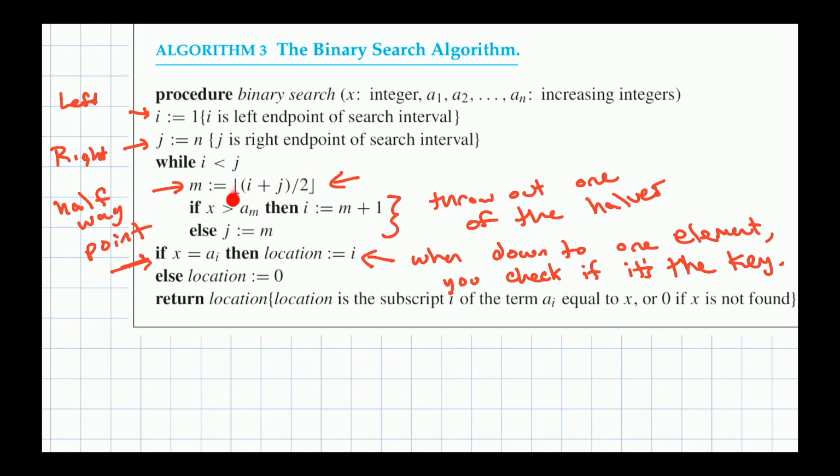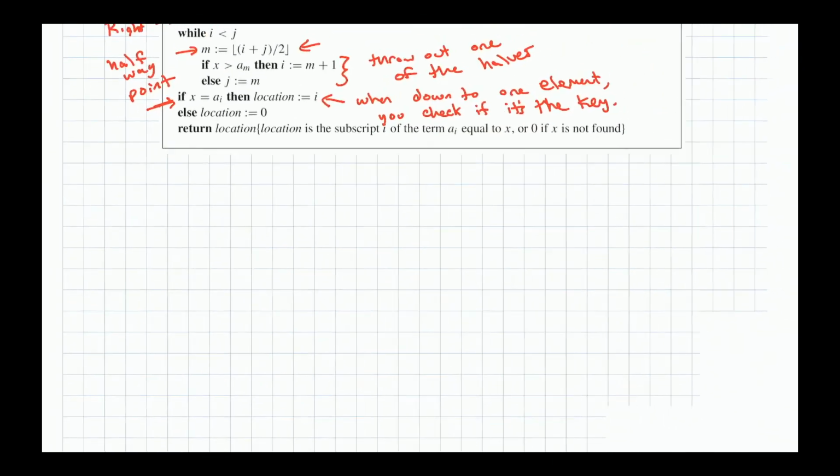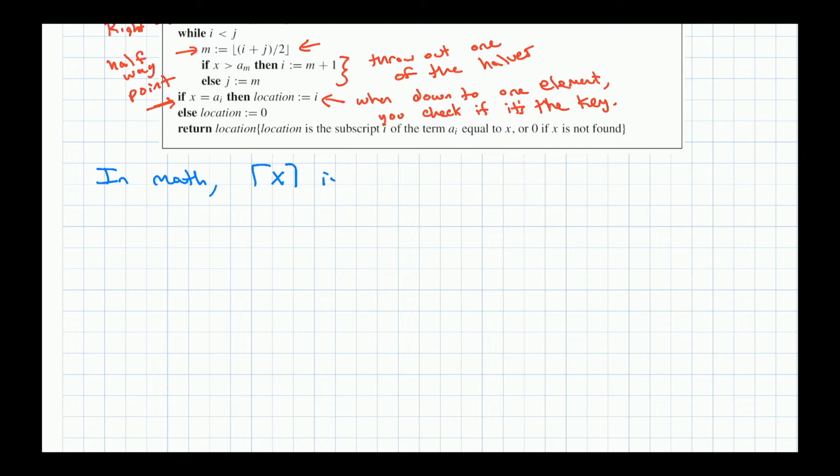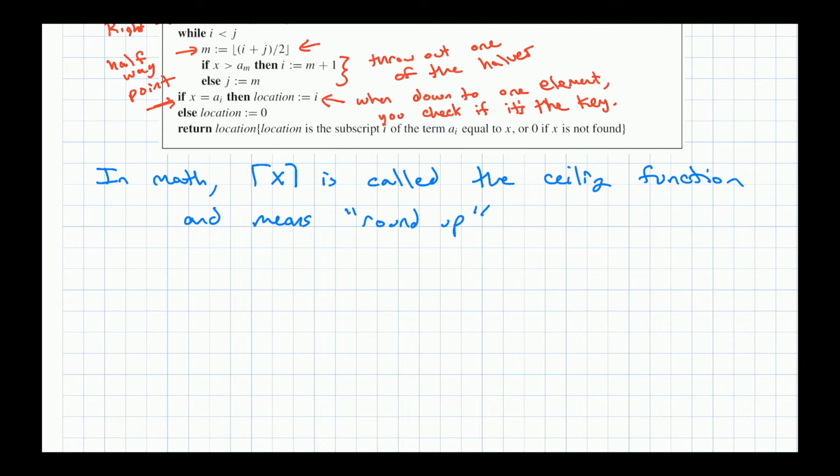But this symbol here has a specific meaning. So there are math formulas here in math. So this is called the ceiling function, and it means round up. Round up to the next integer.